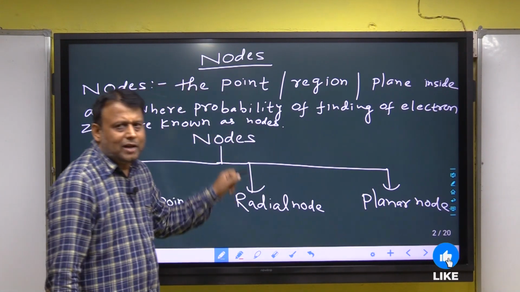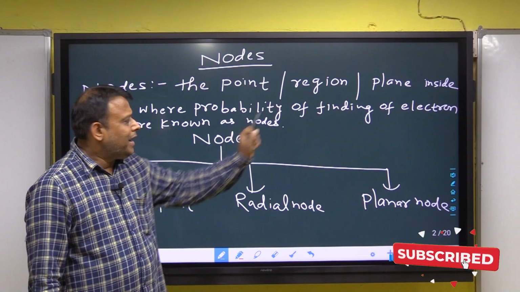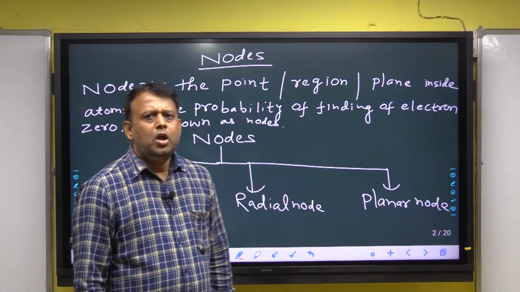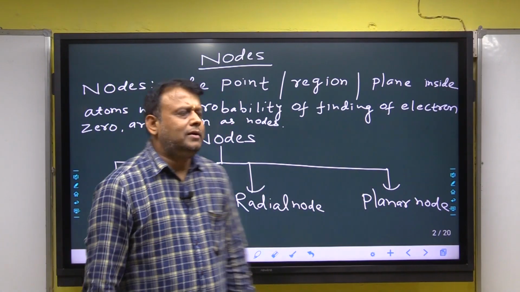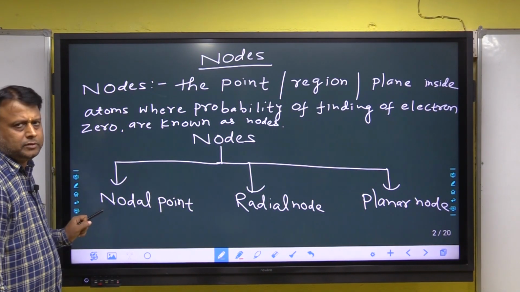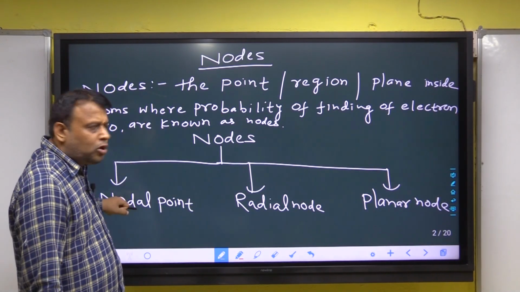In the definition, there are three terms: point, region, plane, and hence there are three types of nodes. Mainly two types, but there are three. From point, the nodal point.